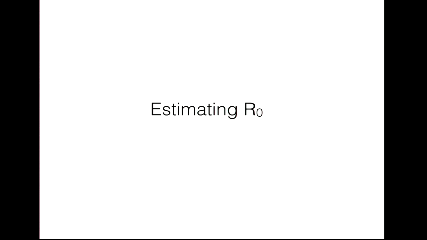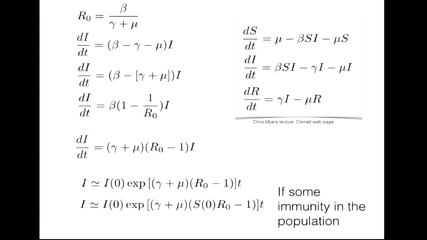Let's talk a little bit about how difficult or easy it is to estimate R naught. Remember that R naught is beta divided by gamma plus mu, and the dI by dt equation is beta S minus gamma minus mu times I. I can combine these terms here, pull the beta out to get beta times 1 minus 1 by R naught times I. So dI by dt, once I simplify this further, is gamma plus mu times R naught minus 1 times I, which I can then integrate.